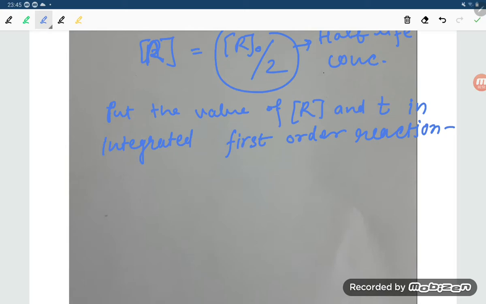So here, t half is equal to... firstly, you write down the equation.